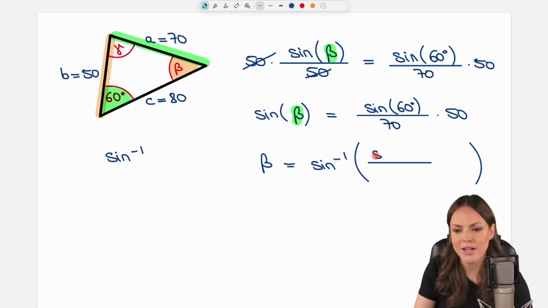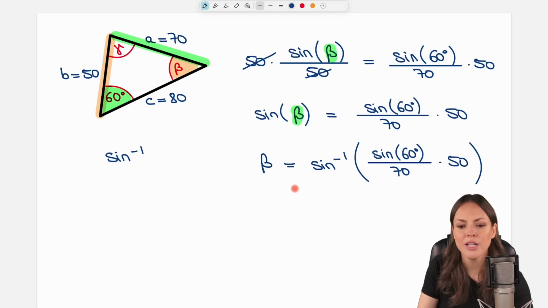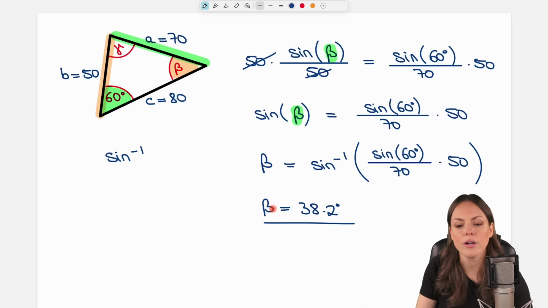So let's write it down once more. But the good thing is that we can just use our calculator now to find beta. You just type all of this into your calculator and get a result of 38.2 degrees for this angle here.